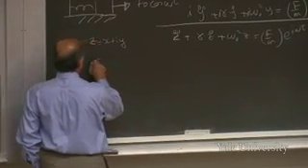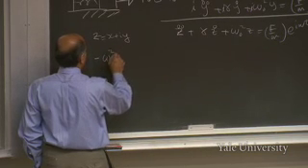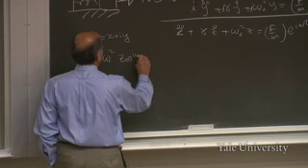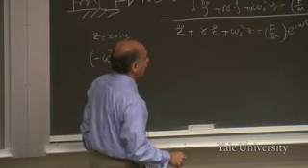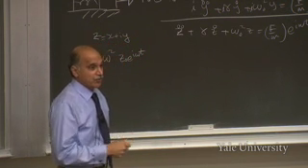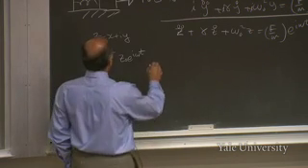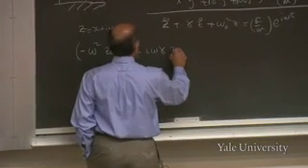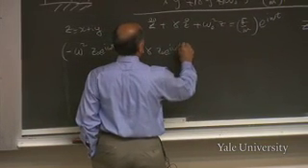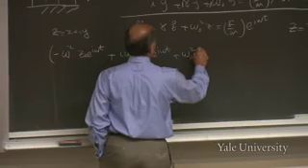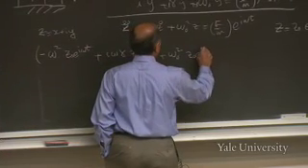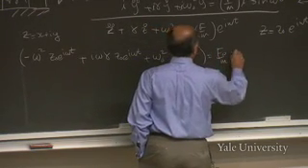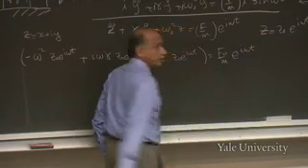I get minus omega squared z naught e to the i omega t, because two derivatives of e to the i omega t give me i omega times i omega. Then one derivative gives me i omega times gamma times z naught e to the i omega t, and no derivative just leaves it alone. z naught e to the i omega t equals f naught over m e to the i omega t.